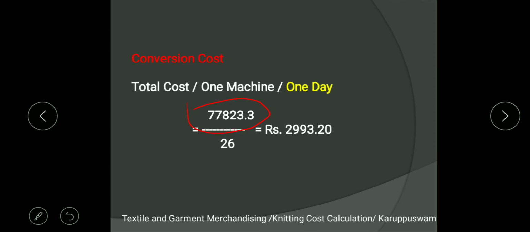So when you divide that value by 26, that is the number of working days in a month, you will get the amount required to run your knitting machine for 1 day. It is very clear that you need a minimum of 2,993 rupees to run one machine for 1 day. So this is the 1 day expense of one knitting machine.